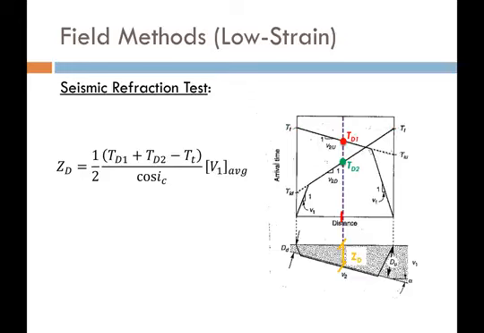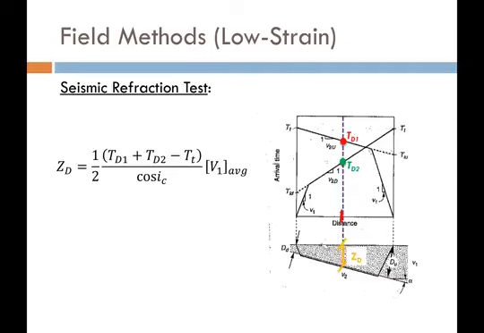And we already solved for the critical angle, and we can get the average shear wave velocity in the upper layer. And so what that's going to give us, at this particular location on my line, is the depth or the thickness of the upper layer and the depth to the boundary for the second layer.